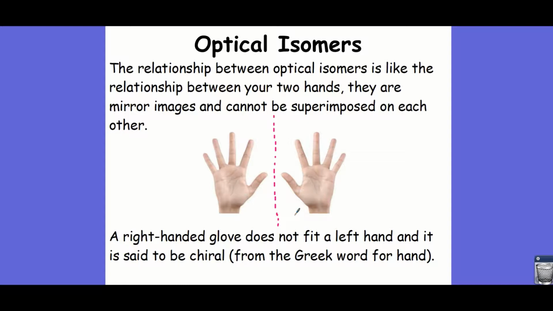Think about your hand, a right-handed glove does not fit onto the left hand. It is said to be chiral, and this word chiral is quite important. It comes from the Greek word for hand, which is why we're going to reference our hands quite a lot. And optical isomers only exist when there is something called a chiral center.